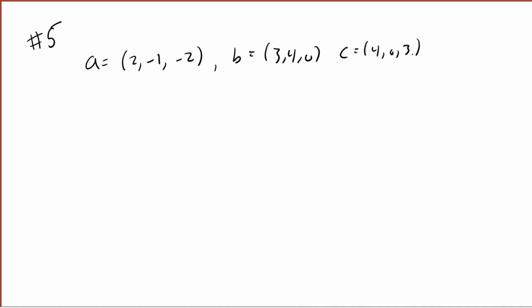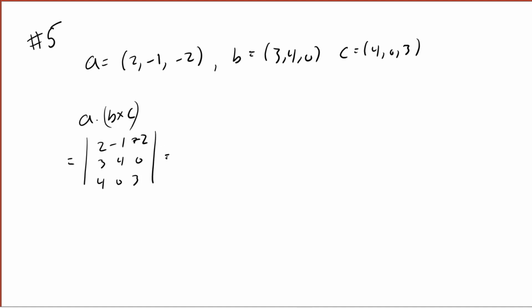Okay, so the way we do this, it's simple enough. It's just going to be A dot B cross C. So let's start computing. Minus 2, this is 3, 4, 0, 4, 0, 3.